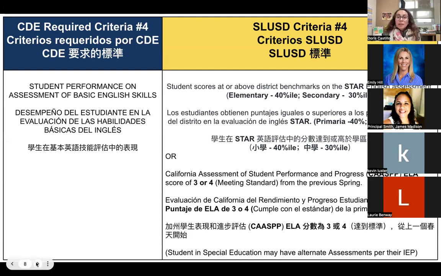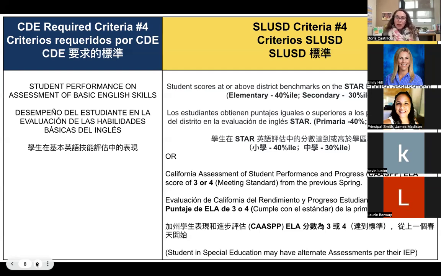Okay, elementary needs to score in the 40th percentile, sorry. Secondary has to score in the 30th percentile. Elementary has to score in the 40th percentile on that STAR. Or when they take the CAASPP, but like I said, the CAASPP isn't for kinder, first or second, they need to score a 3 or a 4 on the ELA section of that exam.